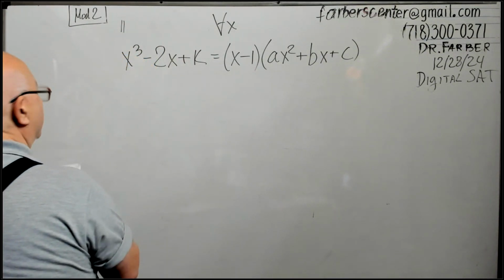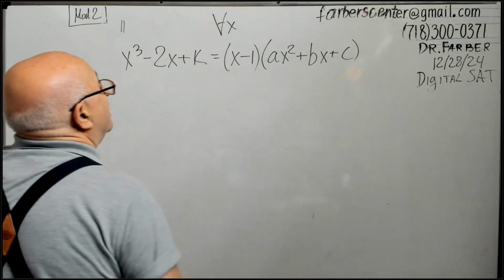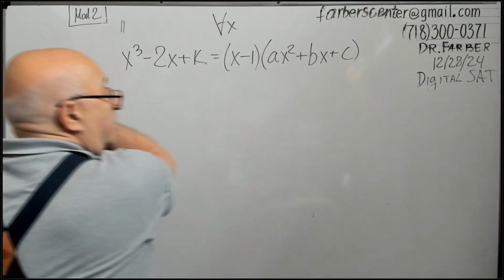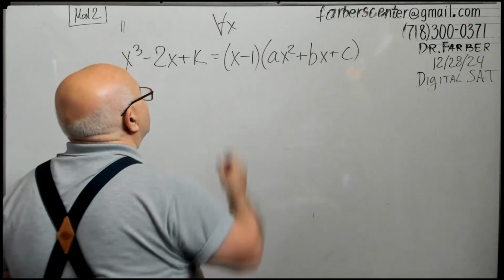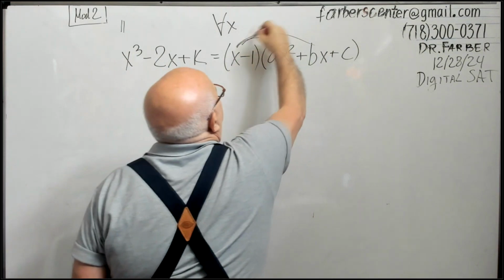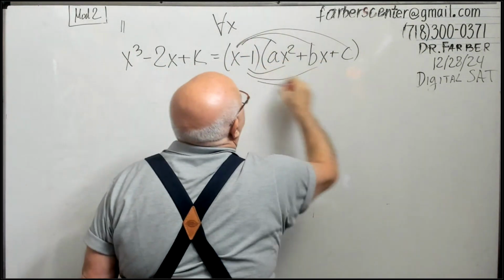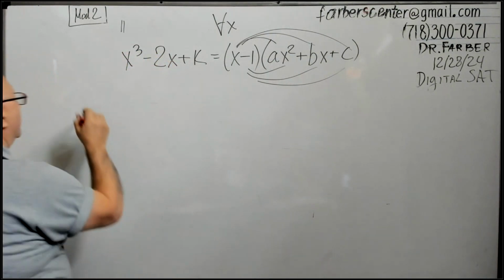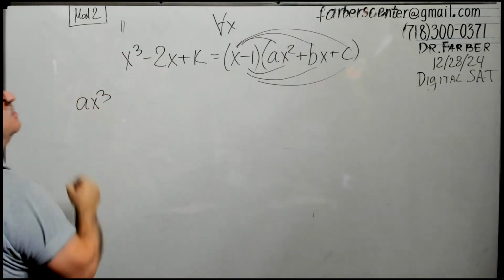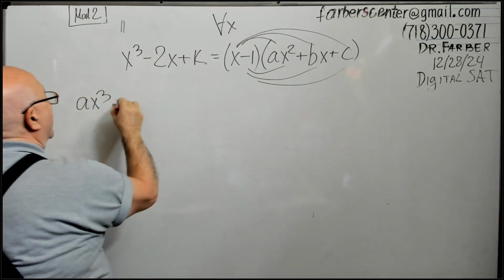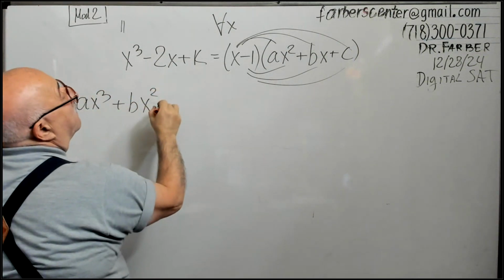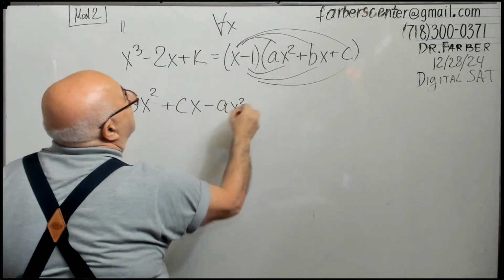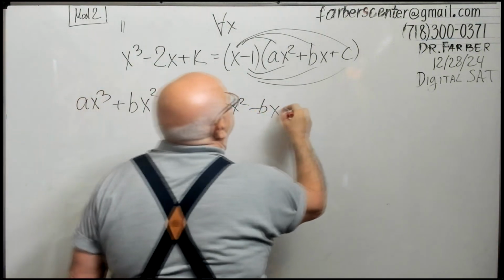Like we did today, identity equations, just apply the distributive property for the right part, multiplying by x and by negative 1. What do we have step by step? You have ax cubed plus bx squared plus cx minus ax squared minus bx and minus c.